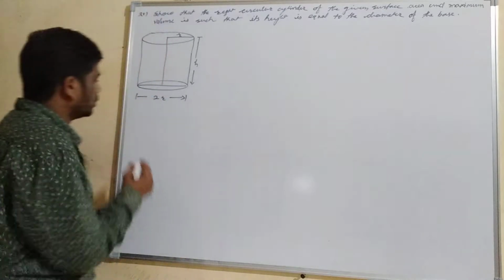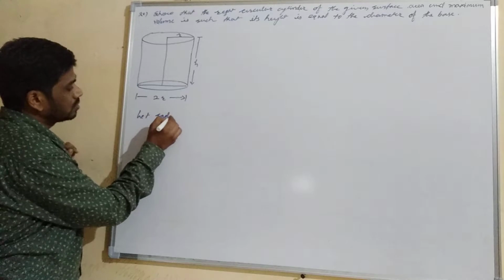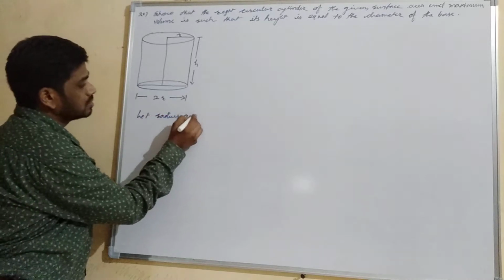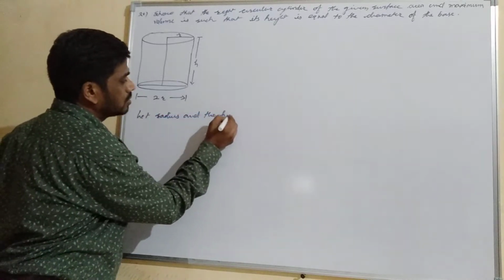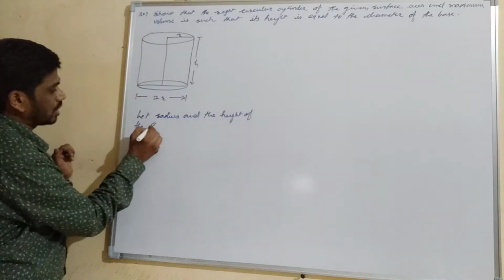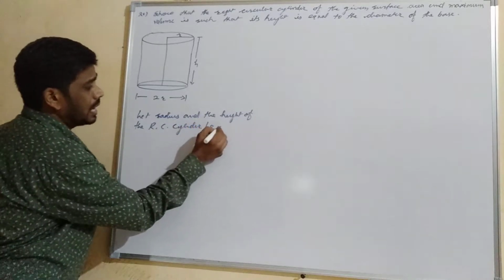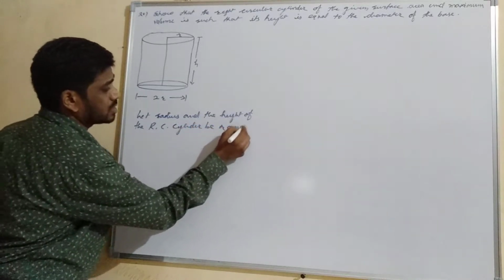So let us assume the radius and the height of the right circular cylinder be R and H respectively.